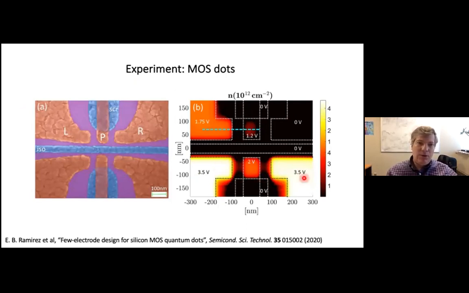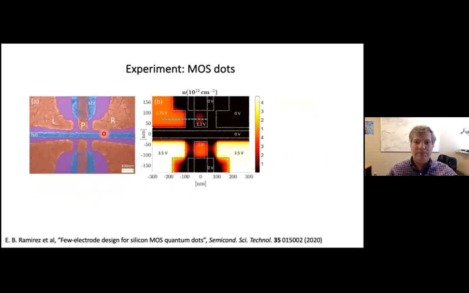Now, the lower device here is actually a charge sensor, and it's capacitively coupled to the upper dot. Note that in this structure, there are no explicit gates to control the tunnel barriers between the leads and the dot. L and R denote the accumulation gates for the left and right reservoirs, and P denotes the plunger gate for the dot. So there are no explicit tunnel gates here.